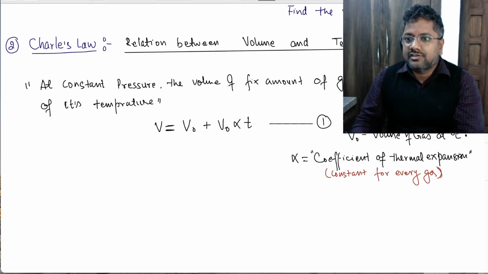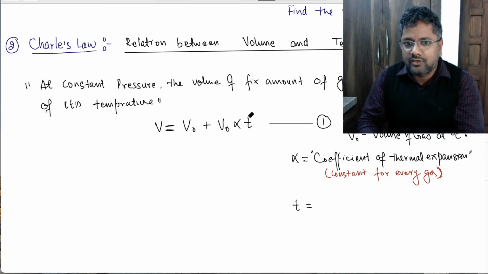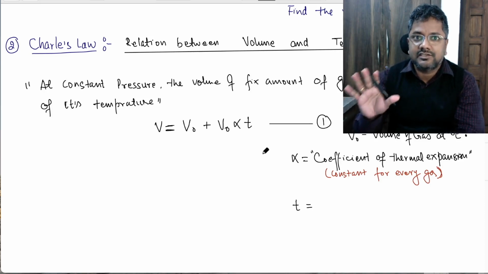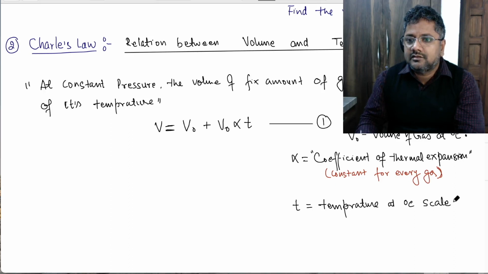And what is T here? T is the temperature in degree Celsius scale. See, small t, I have already told you, is for degree Celsius. This is standard, right? So temperature at degree Celsius scale.